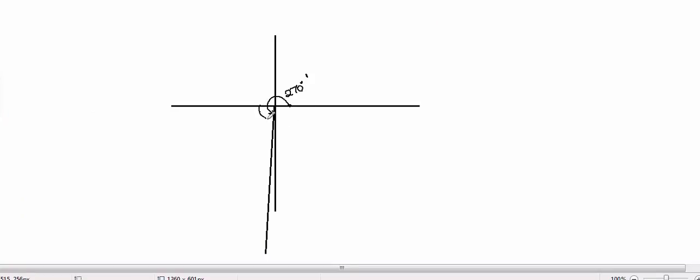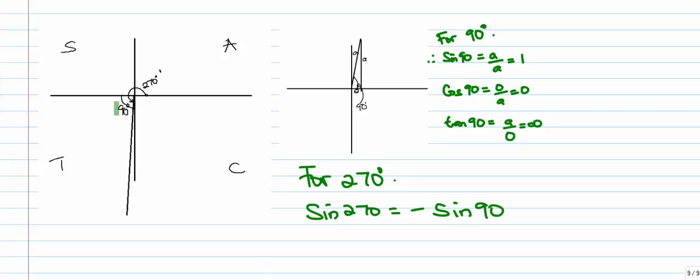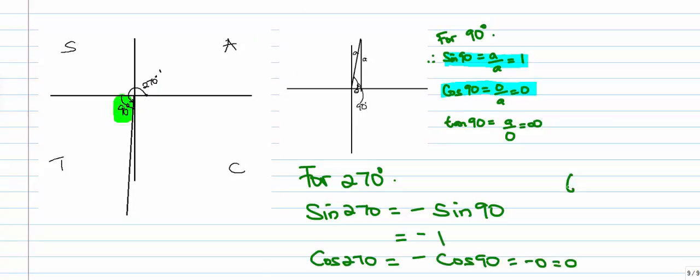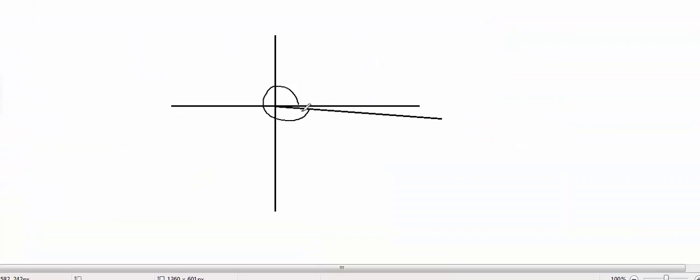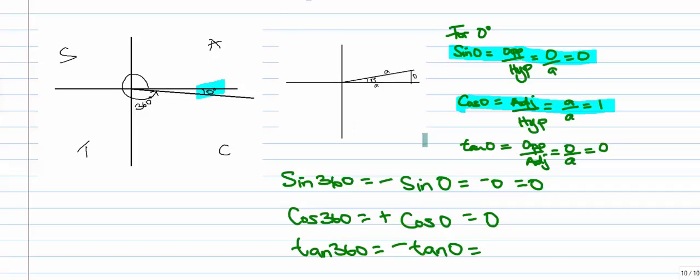Then finally for 270, we also do the same thing, get its acute angle, which is 90 degrees, then find the trig ratios of 90 degrees and apply the law of CAST to find those for 270. And then for 360, its acute angle is 0, and then finally we get those ratios for 360.